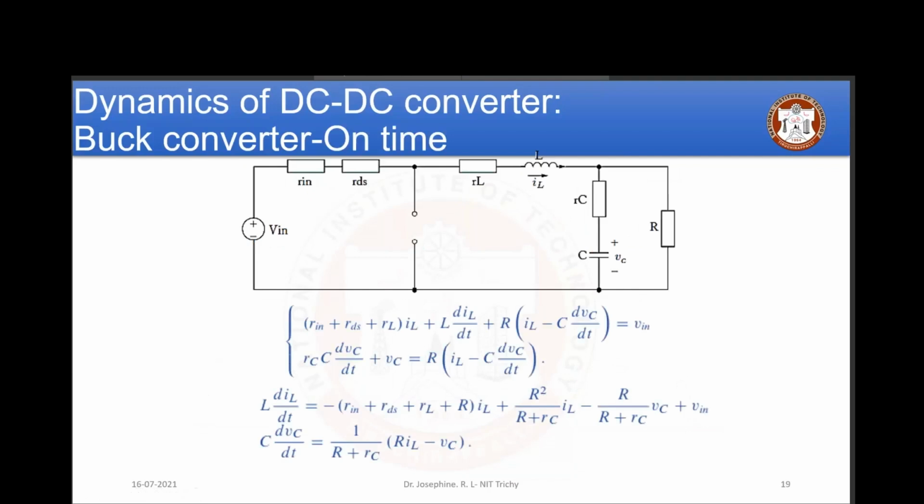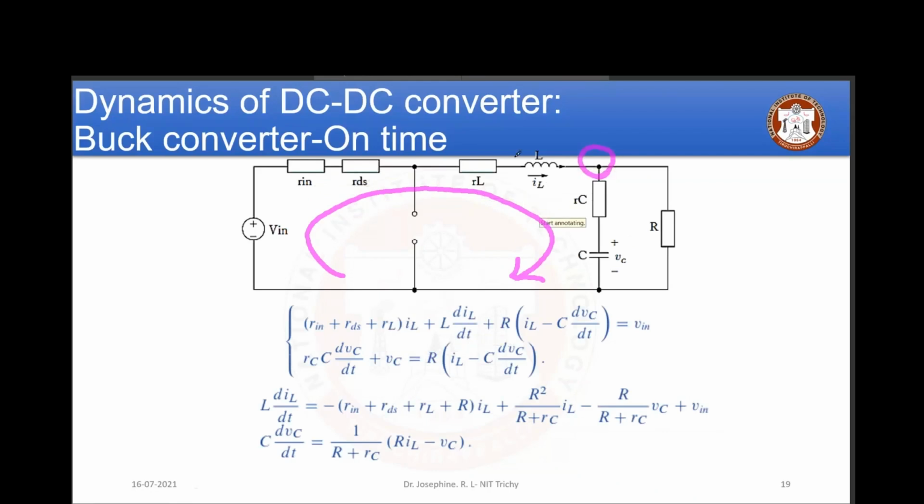If you see the equations in mode 1, you have to apply KVL here. The same thing, you have to apply KVL, and you have to apply KCL at this node. By applying KVL, you can see Rn plus RDS plus RL, the entire current flowing through this is IL itself, so into IL plus L dI by dt.